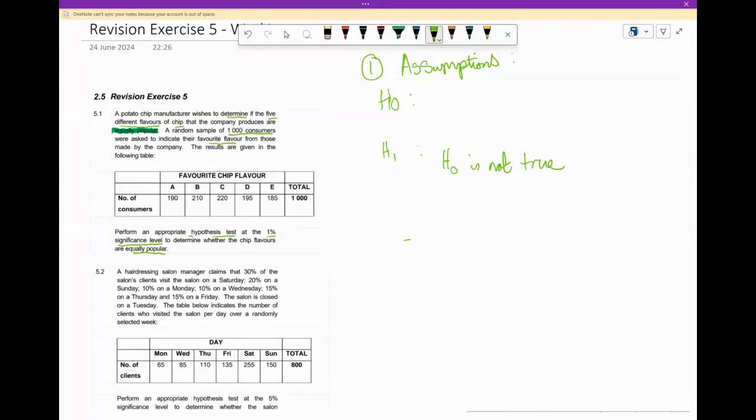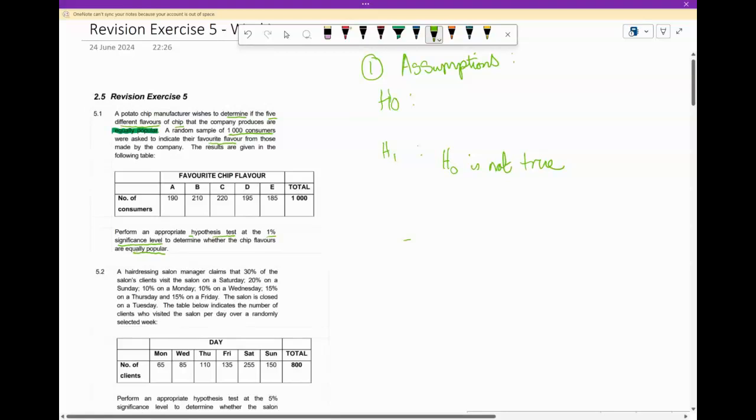But then H0, what is the assumption there? Here we're not looking at satisfaction. It's the context of this particular situation: equally popular. Remember, in H0 we want the equal sign. So we're saying that the flavors are equally popular.